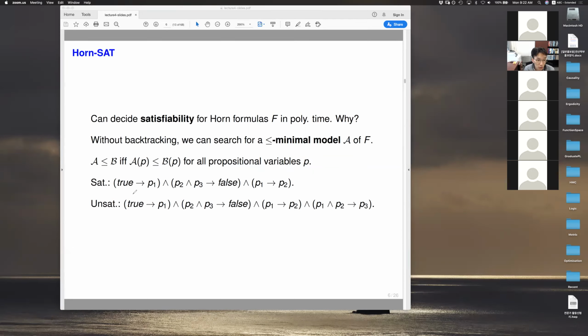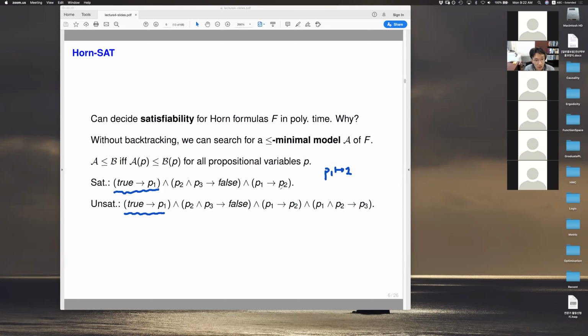You look at all the conjuncts, and because a Horn formula is given in implication form, you try to find some propositional variable that has to be true. So for instance, in both cases, the first conjunct says true implies P1, which means P1 has to be true. The condition of this implication is always true. So P1 should be mapped to 1.